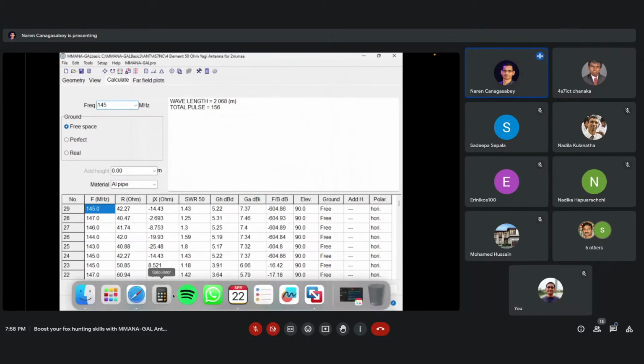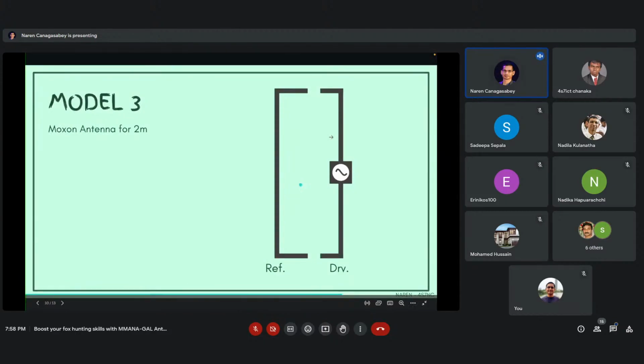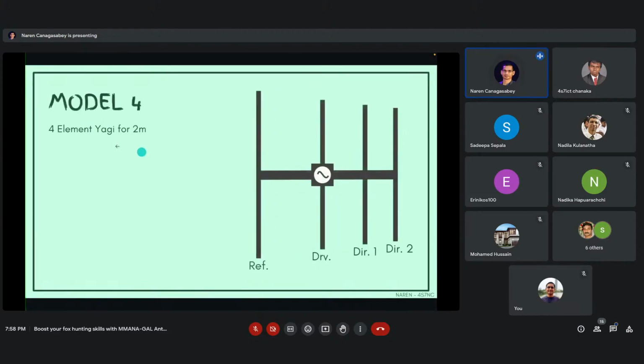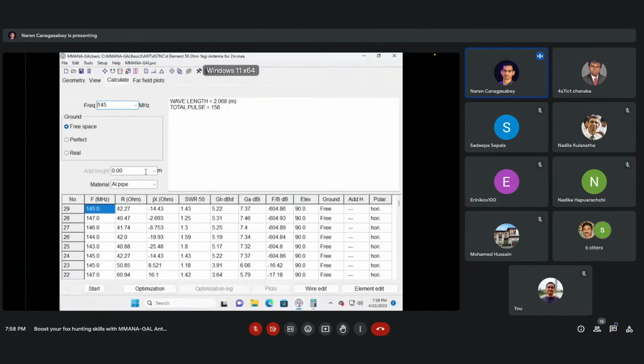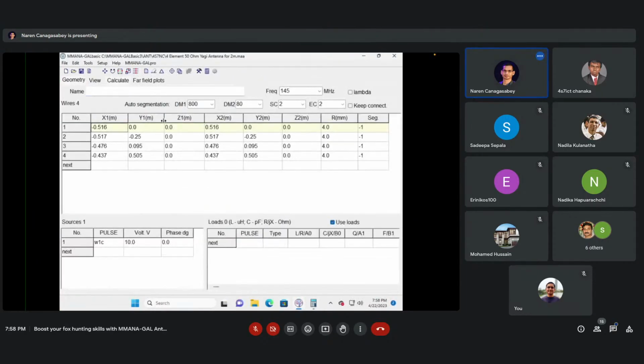Okay, so going back to our model 4, which is a 4-element Yagi for 2 meters. This again is for comparison. Right, so we have our elements here.